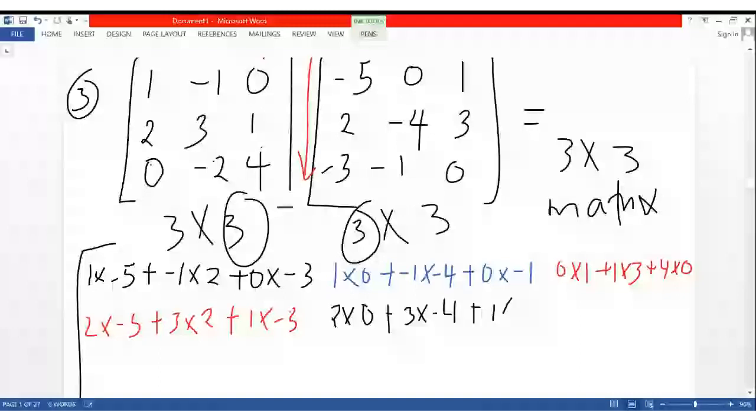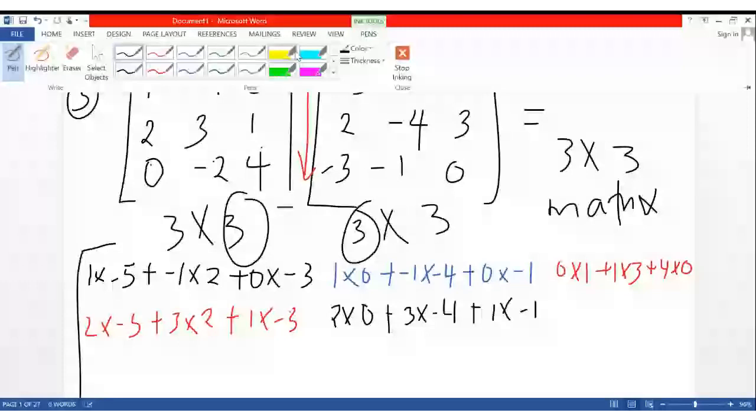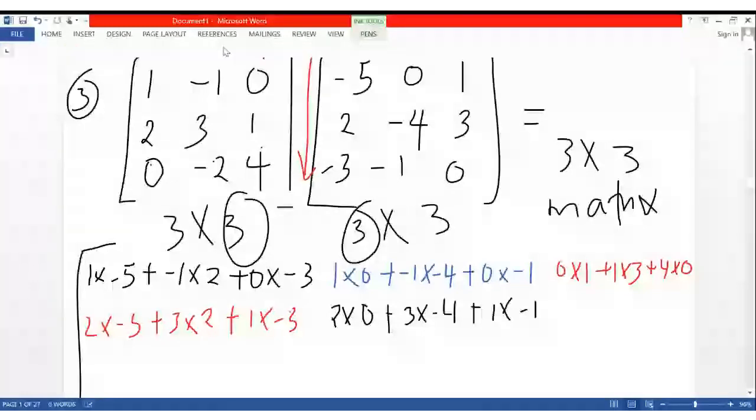Then I'll go now to the second row with the last column. So 2 times 1 plus 3 times 3 plus 1 times 0. And then I go with the last column with the first row.